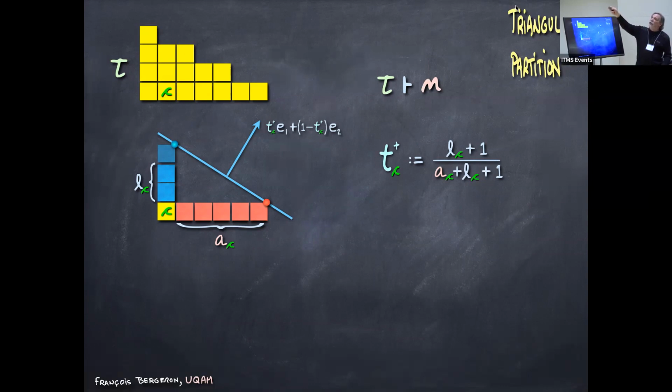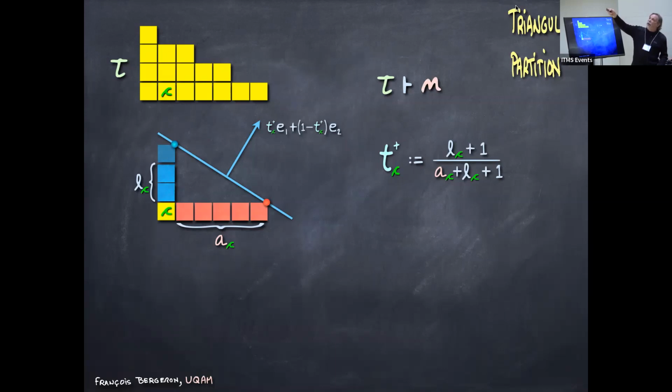That's the TC with the plus as an exponent. And so this number tells me essentially about the slope of the blue line, because it's the coefficient of E1 in this vector.